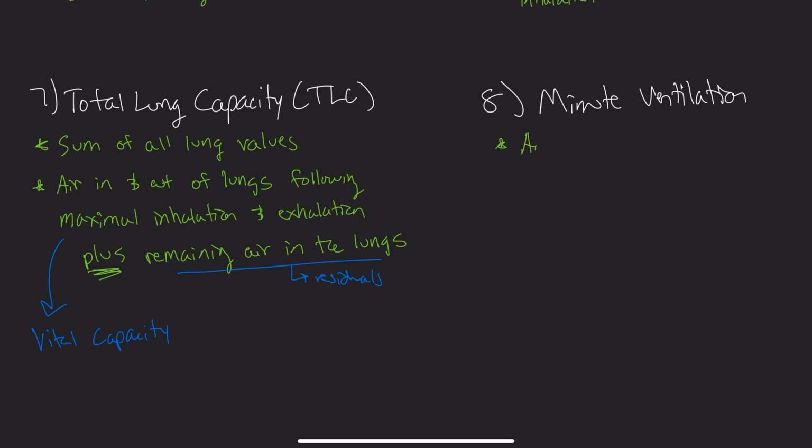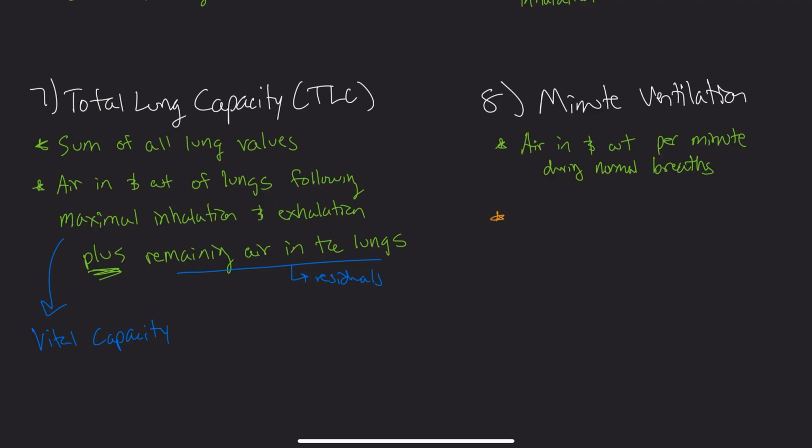So let's write the definitions first. This is air in and out per minute, obviously minute ventilation, just during normal breaths, right? So how you measure this is, you say, what is air in and out during a normal breath?